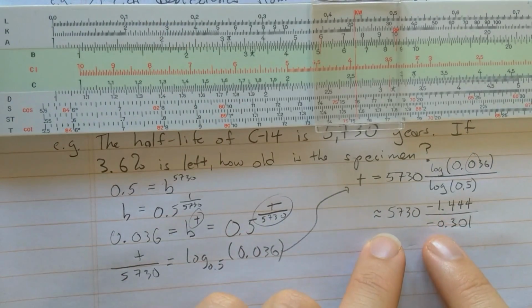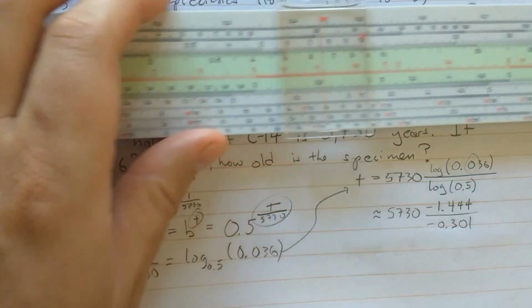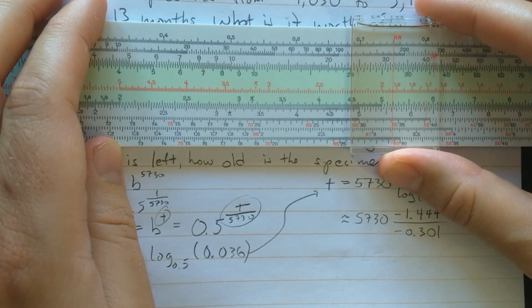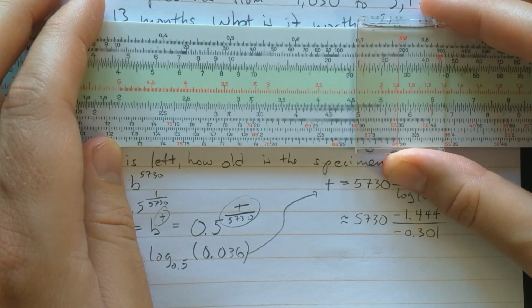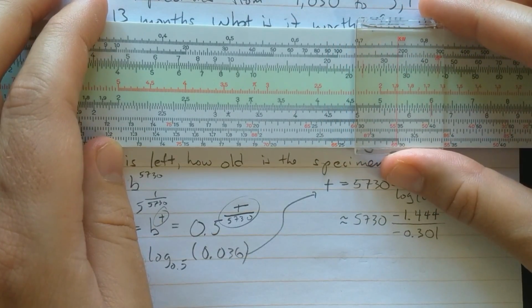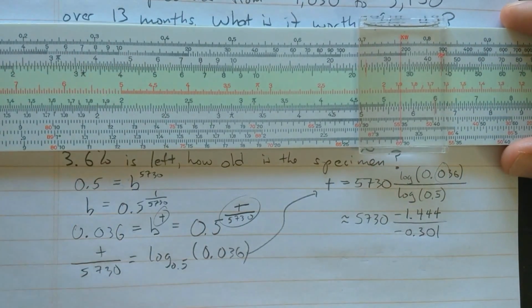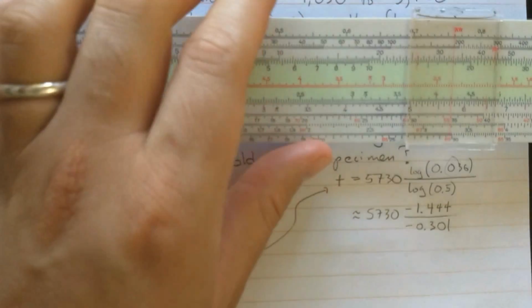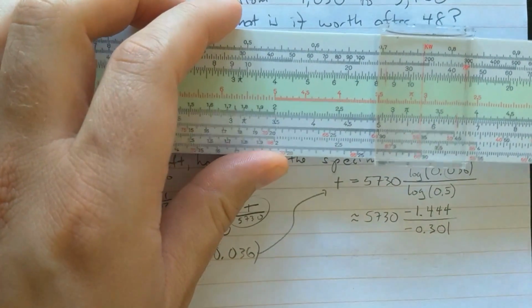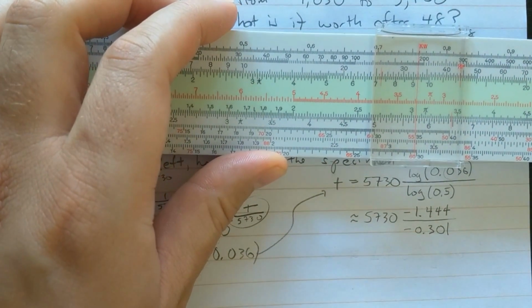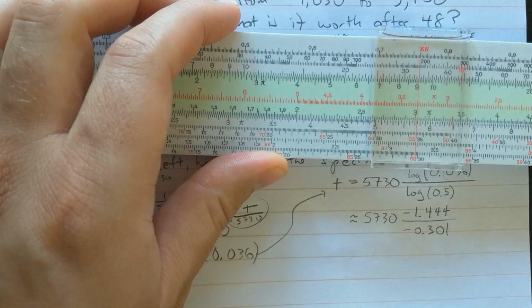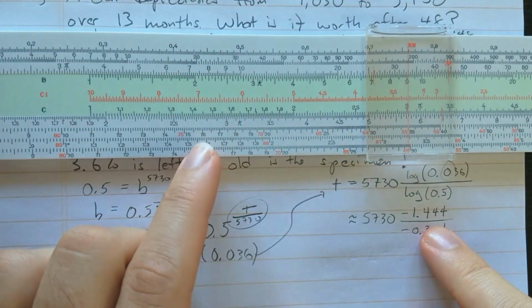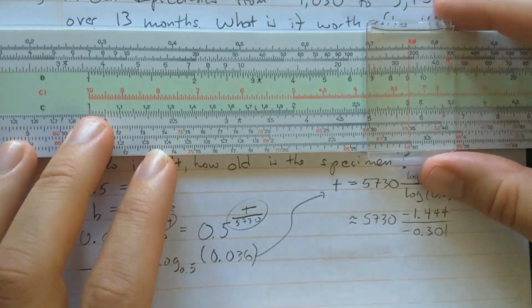Okay, all there is left to do is multiply. So let's take 5, 6, 7, 3. About 573. Let's divide by the 301 using C. And then multiply by the 1444.